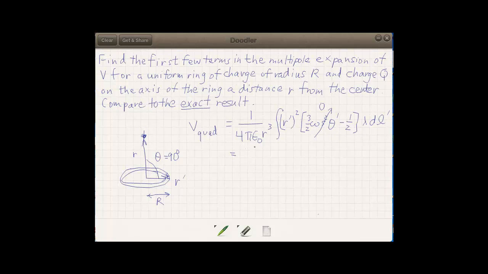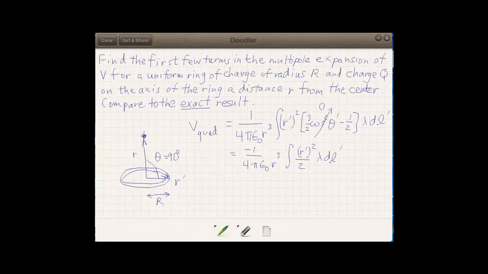We've got 1 over 4 pi epsilon naught r cubed integral of, well, there's now a minus. I can put a minus sign out here. There's 1/2 or r prime squared over 2 times lambda dl prime. What do we do from here?